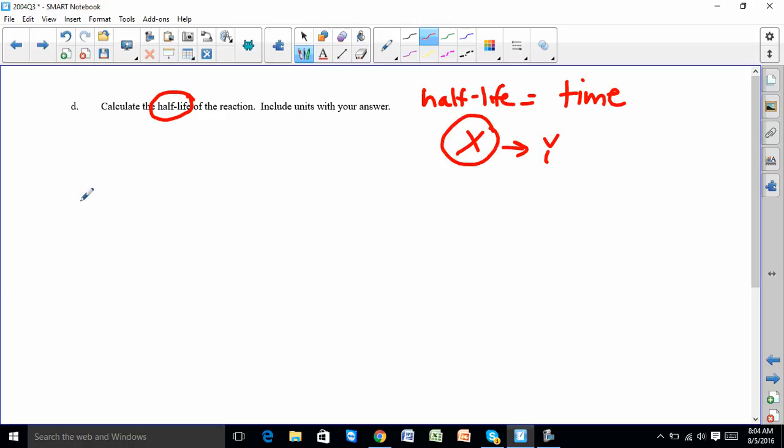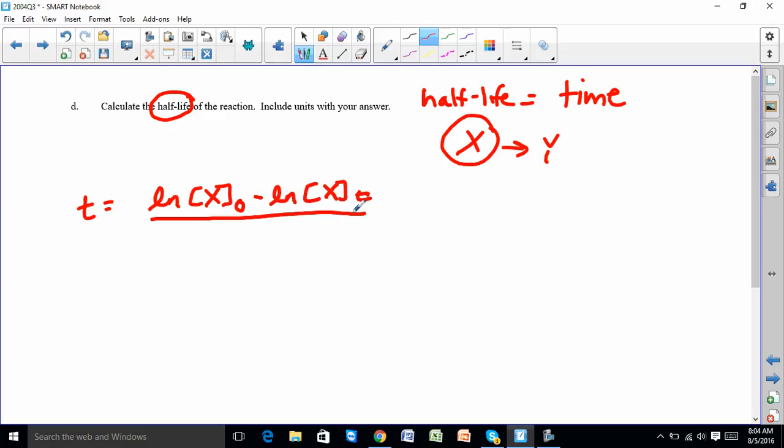So again, if you go back to C, this is the equation we're going to use. We're going to use the natural log of x sub 0 minus the natural log of x sub t divided by k. But what was the initial concentration?